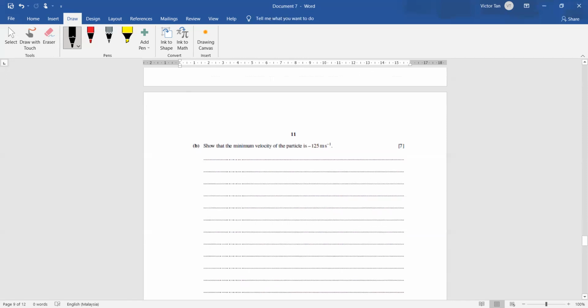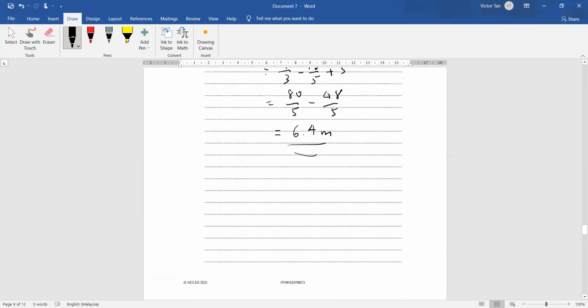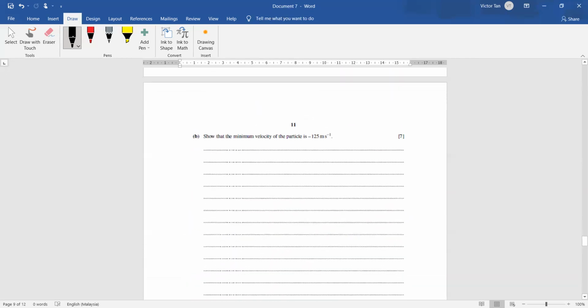Show that the minimum velocity of the particle is minus 125 meters per second. So this is stationary, so you have to differentiate, dv over dt, and the minimum is equal to 0.